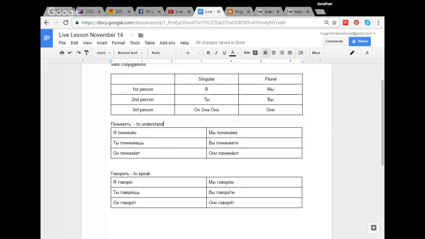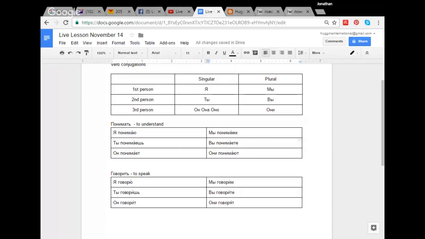And if you know the third person singular, the on, ona form, you can get the ty and the my and the vy form, because those generally follow the same pattern. On the second person, you have the sh sound and the myagkiy znak at the end. For the my form, you have the m at the ending, and for the vy form, you have a te ending.